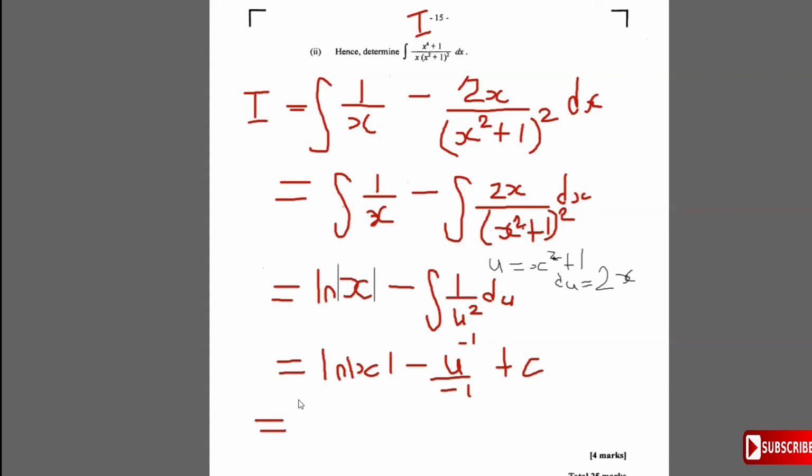So this worked out to be ln the modulus of x, minus and minus give you plus, so ln mod x plus, u to the minus 1 is really 1 over u, so that's going to be plus 1 over u, u is x squared plus 1, plus c.